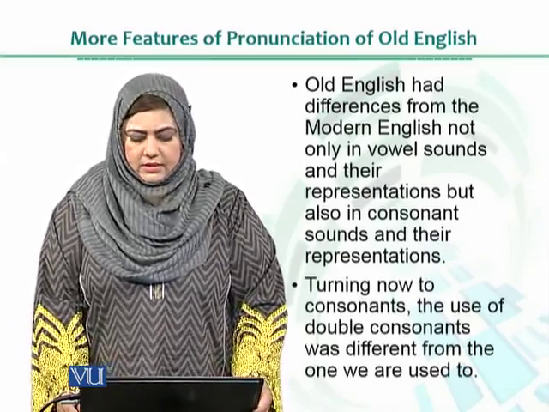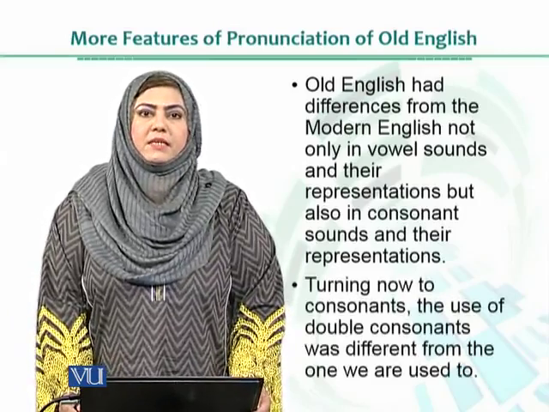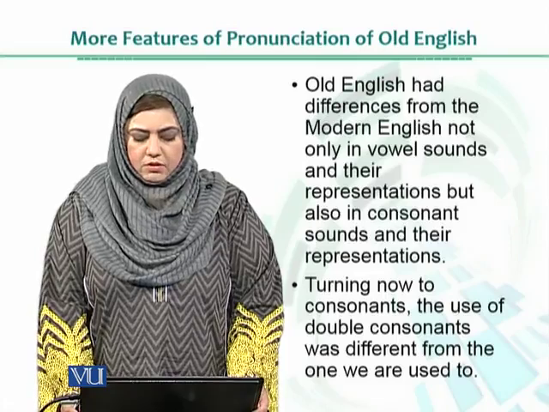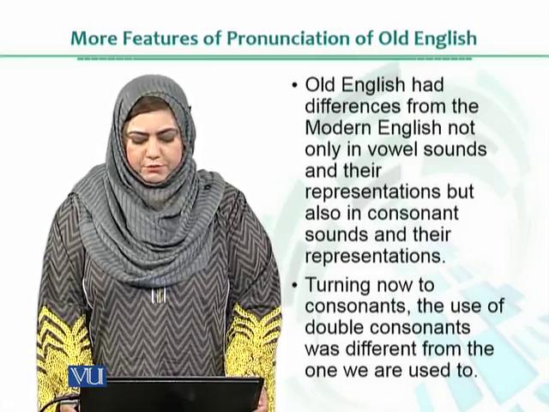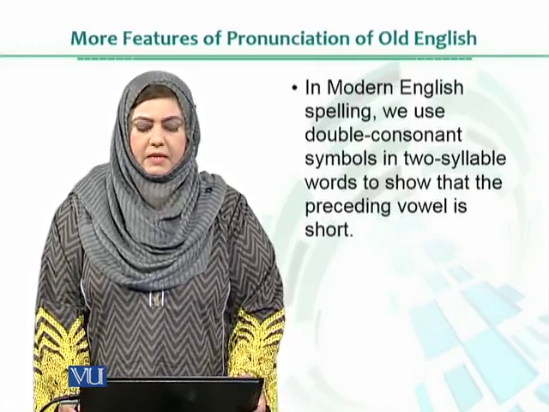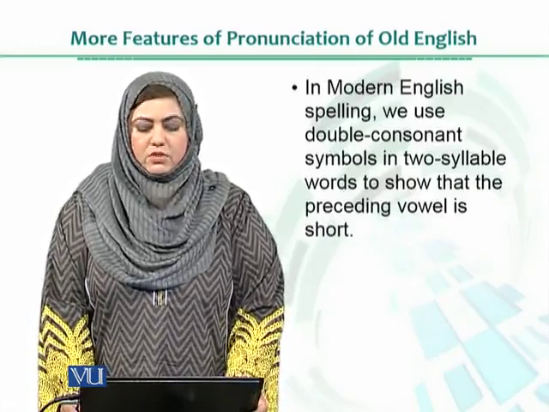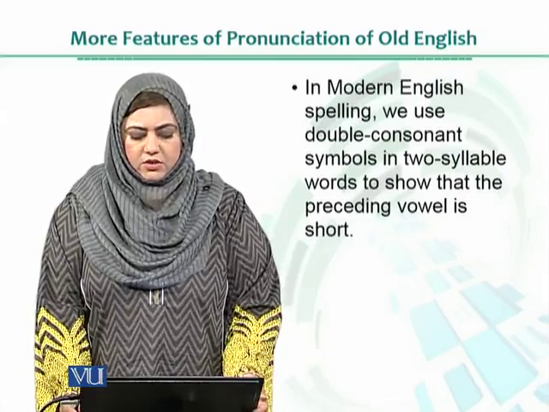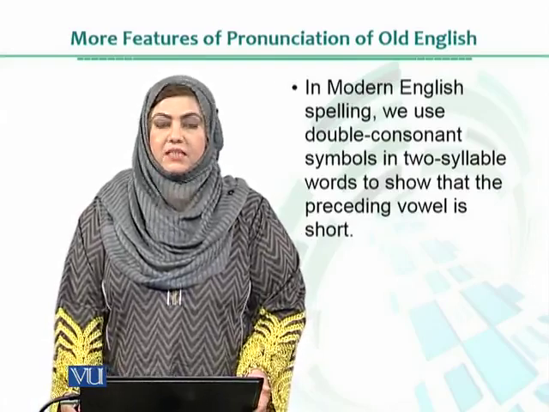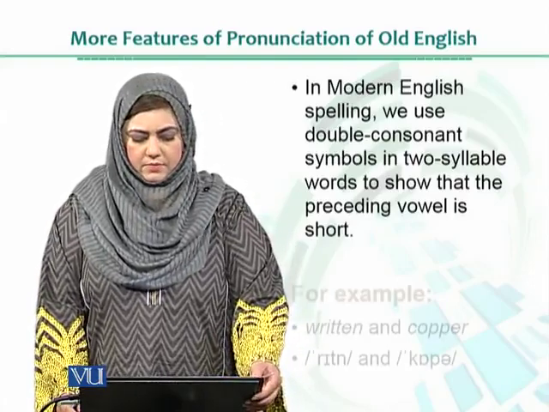Turning to the consonants, something very significant and important that I would like to share is the use of double consonants that was different from the one we use today. In modern English spelling, we use double consonant symbols in two-syllable words to show that the preceding vowel is short.